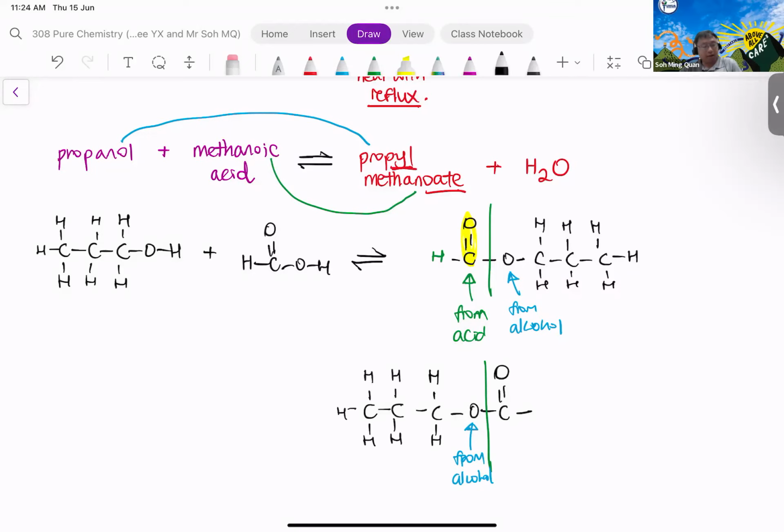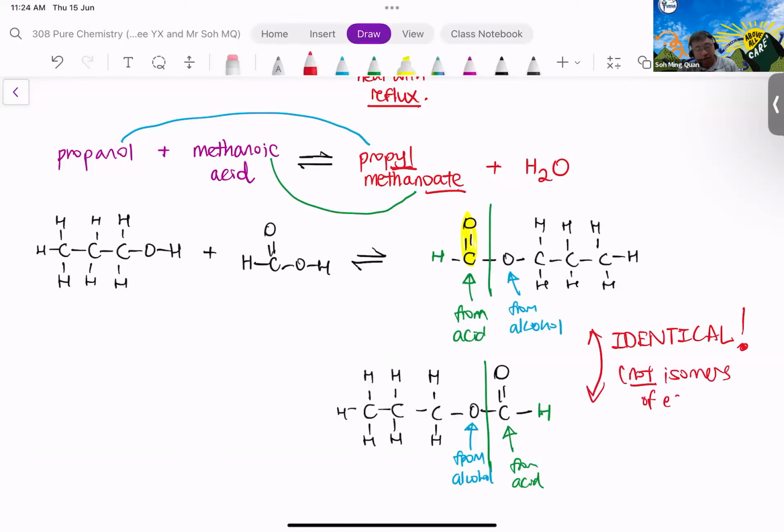The other side is from the carboxylic acid, so it's just 1 H. Now these two are identical. They are not isomers, they are identical. They are just different ways of drawing the same structure. They are not isomers of each other.